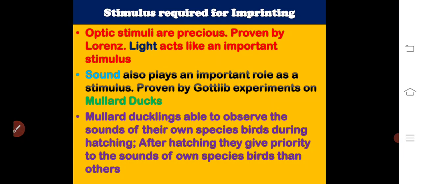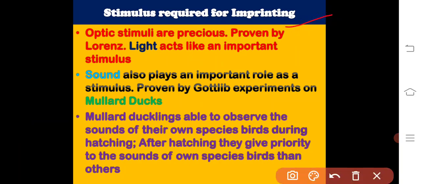And we will discuss the first factor, that is, which kind of stimulus is required for the process of imprinting. The first place is taken by optic stimuli. These are very precious in the process of imprinting, and that was proven by Conrad Lorenz, because light acts like an important stimulus for the process of imprinting.